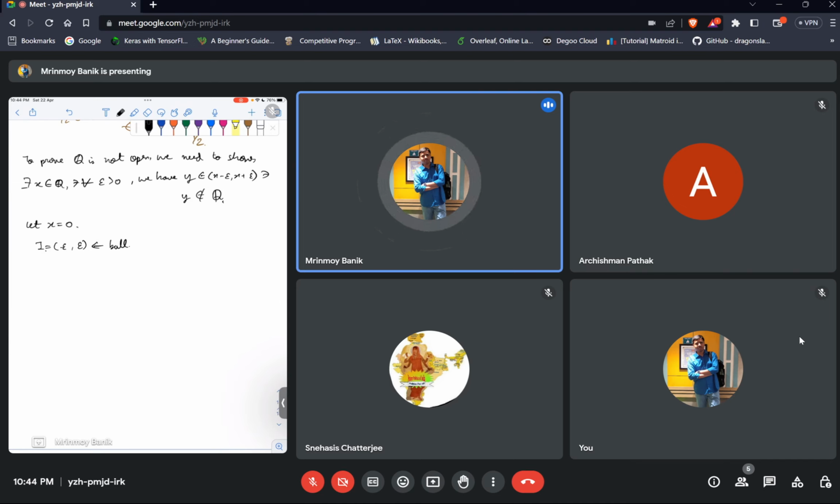To quickly get hold of such a number, let's first take a rational smaller than epsilon. Any rational number is of the form p naught by q naught. We might as well just take it 1 by m, which will make our lives easier.